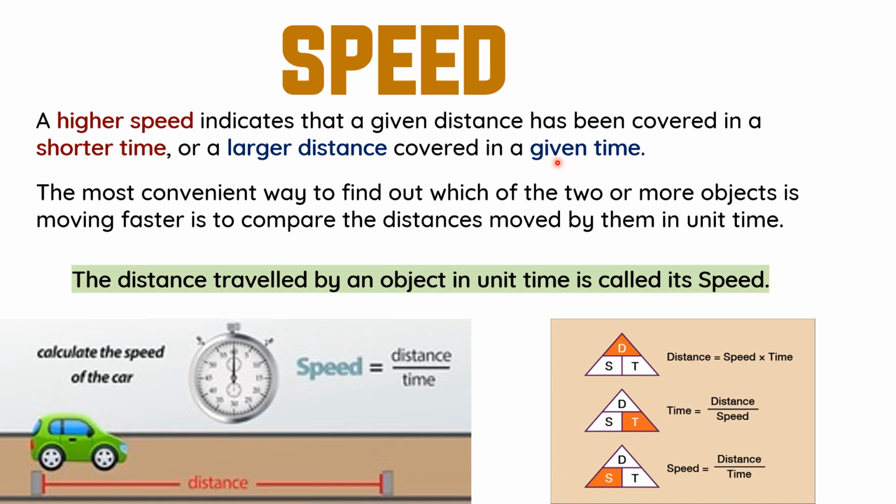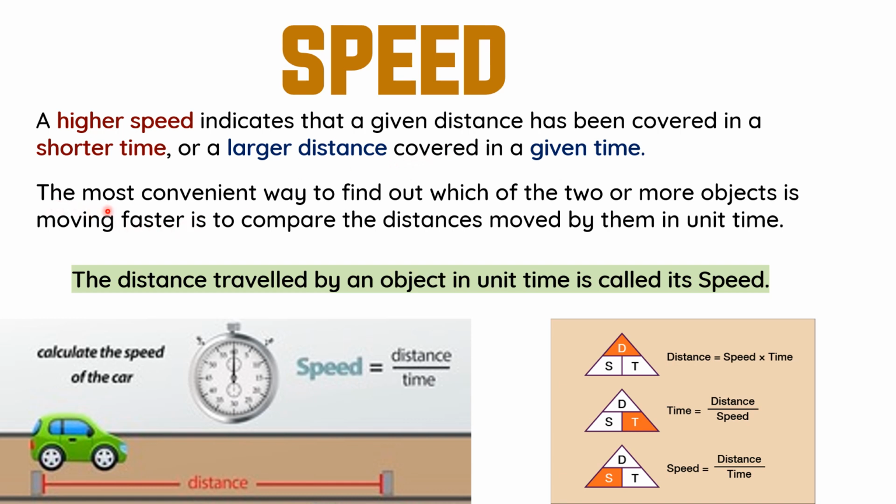Got it, children? So you understood that when we talk about speed, distance and time are both there. In both ways, we use the two words distance and time. Using these two words, we can frame the definition for speed.